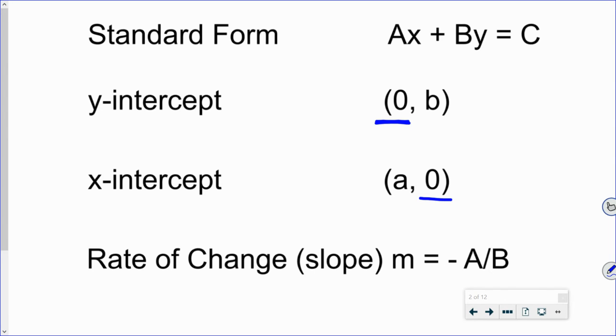If it's negative, we make it positive, and if positive, we make it negative. Just reverse the sign, simplify the fraction, and we'll have the rate of change. That's the essence of everything we're going to see in this lesson. Our objective today is that you'll be able to write and interpret the standard form of a linear equation.